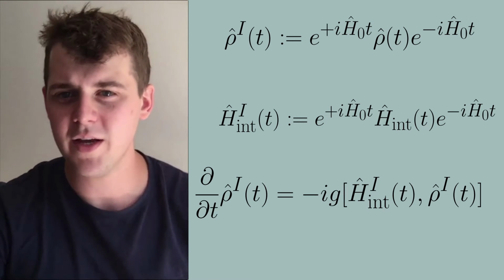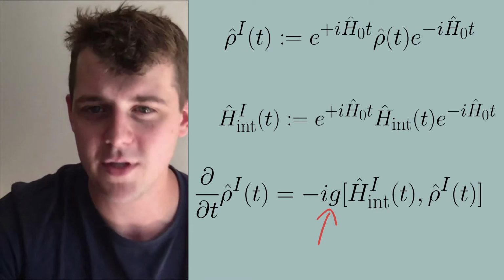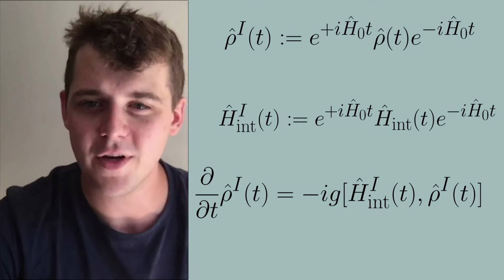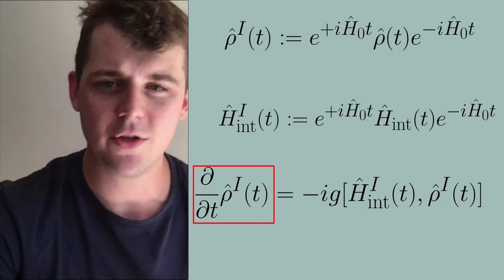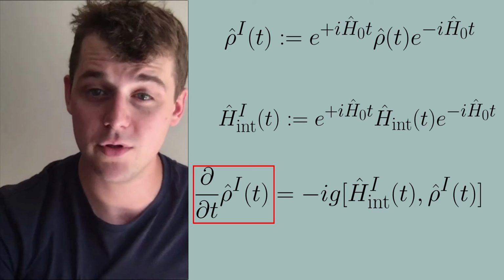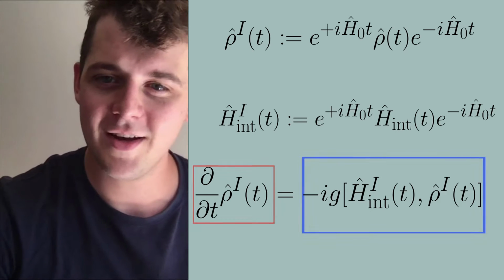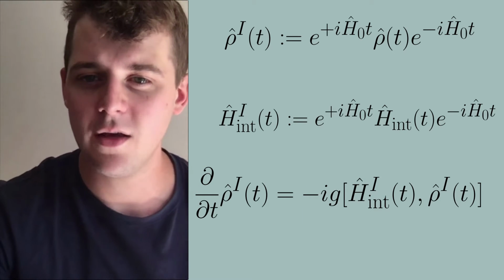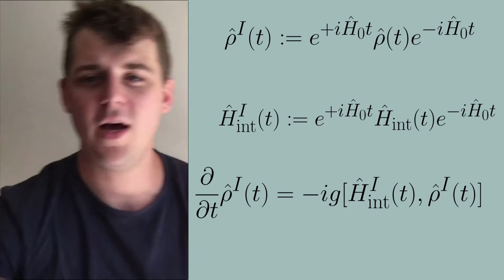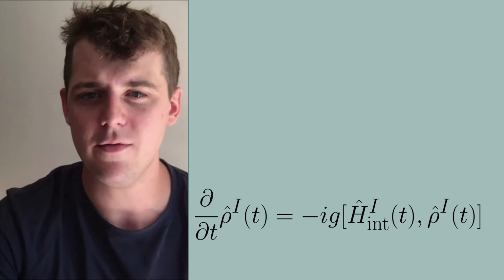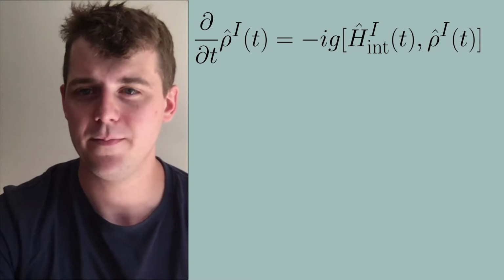And importantly, we've got a g out front of everything, which means that we're going to be able to perturb this much easier than the original von Neumann equation. So the rate of change of the interaction picture state is proportional to a commutator again, but with the interaction picture Hamiltonian and density matrix, and the constant of proportionality is minus i g. As I was trying to say, this is a really useful way of writing the von Neumann equation down because it's proportional to g.